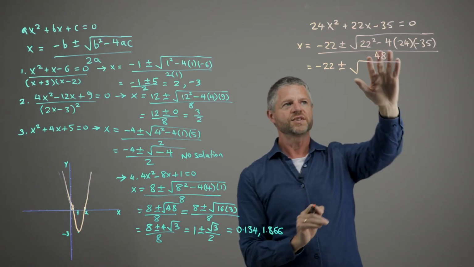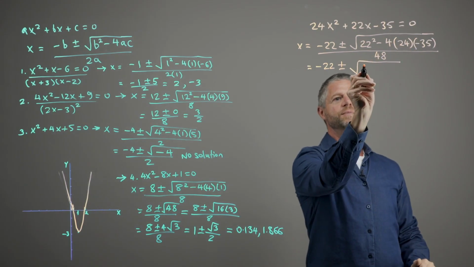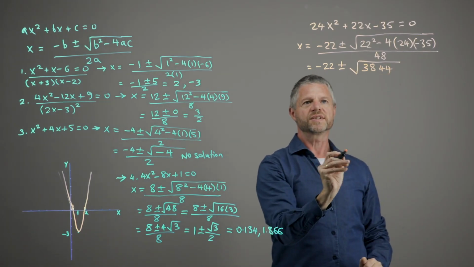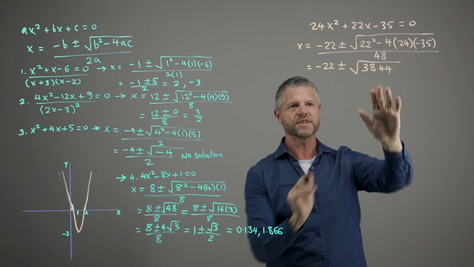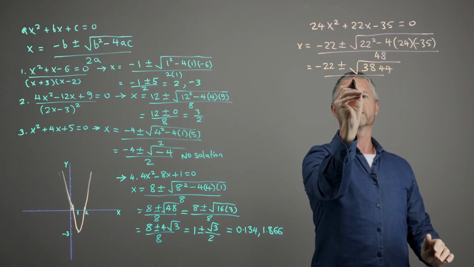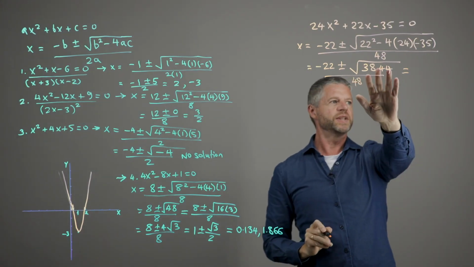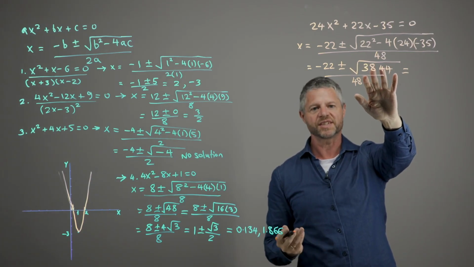So if you do calculate this out using a calculator, you end up with 3,844 as the discriminant. So we know we're going to have two solutions because this is positive. And then if we take the square root of this number, it turns out this is actually a perfect square.